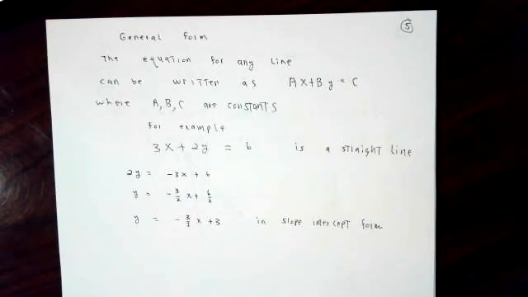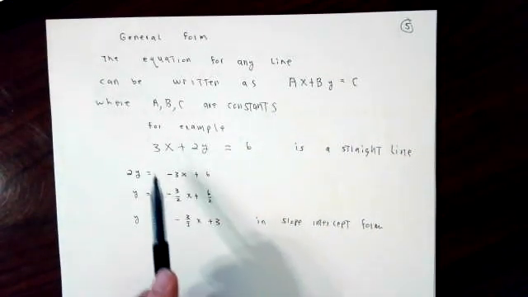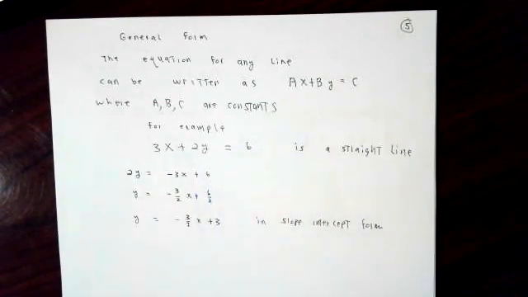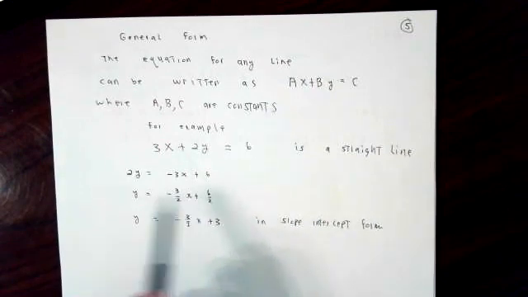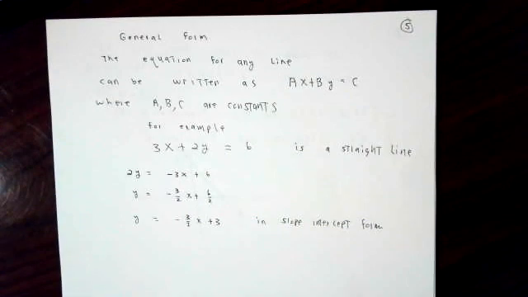As an example of this, if you look at 3x plus 2y equals 6, so that the A is 3, the B is 2, and the C is 6, if you wanted to, you could reduce this down into a more familiar format. Either think of subtracting 3x from both sides or adding negative 3x. You'll find that 2y is negative 3x plus 6.